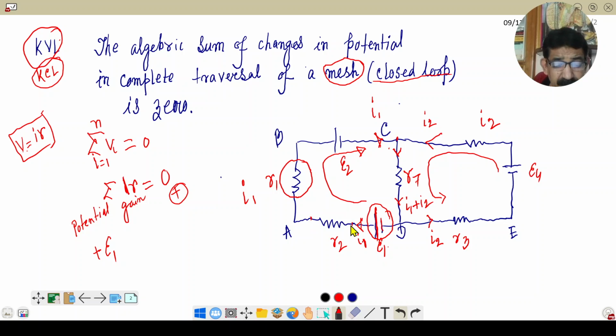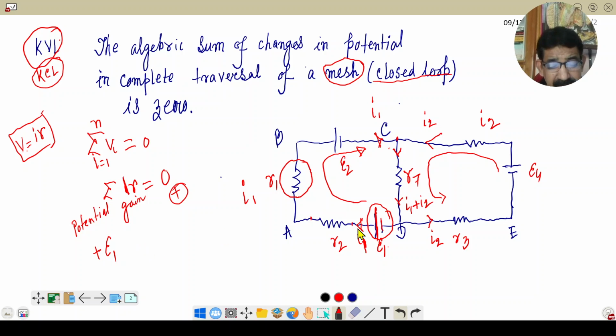Now, electric current is flowing from this point to this point. That means when current flows and we move along the flow of the current, the potential is lost. That means if I1 current passes through R2, then I1 R2 is the difference of potential, and that is potential loss.